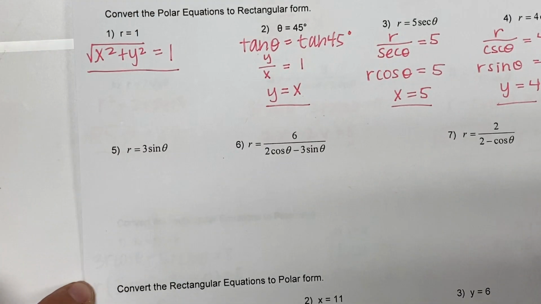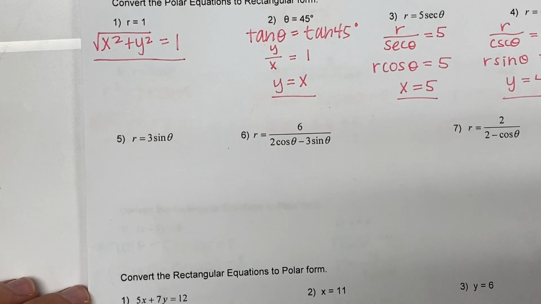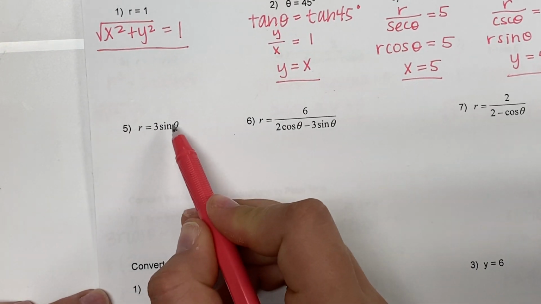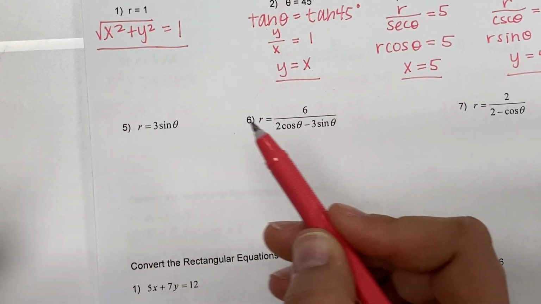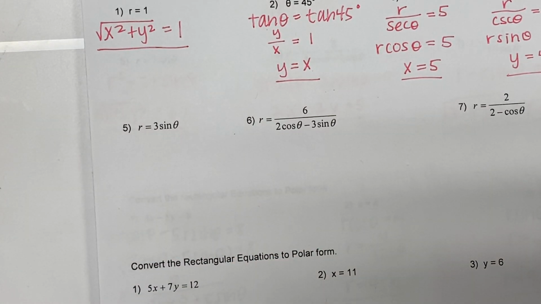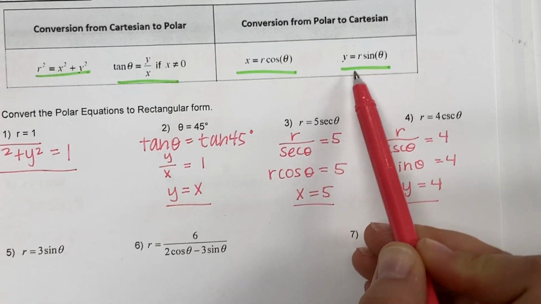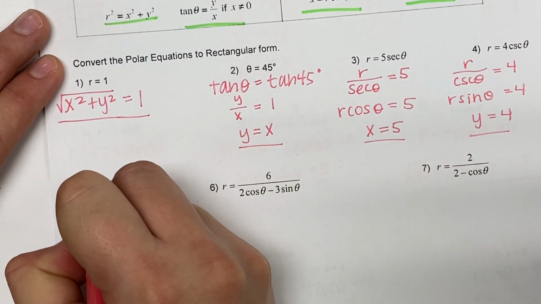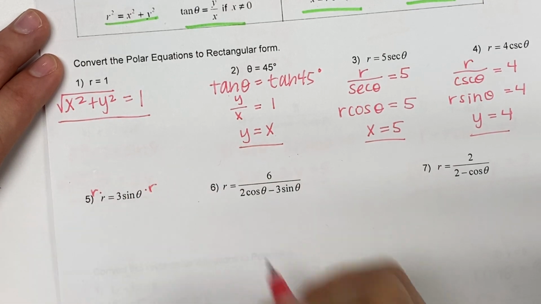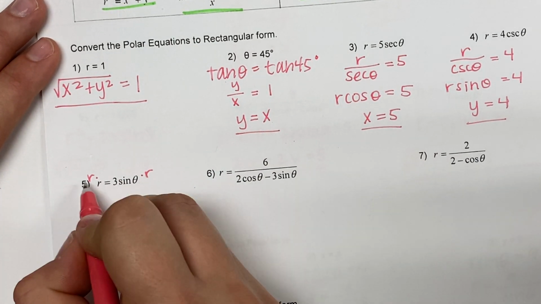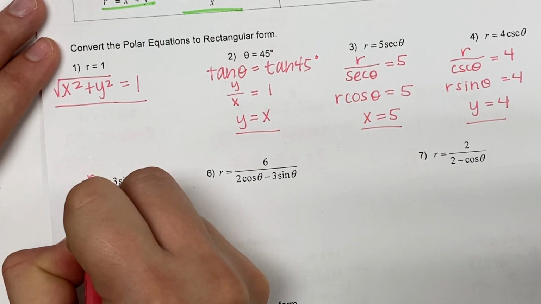Okay, let's keep going. This one's a little different because if I divide by sine, then I would get cosecant, and I don't want that. But in order to use sine, I need an r beside it. So I'm going to multiply both sides by r. So the left side becomes r squared.